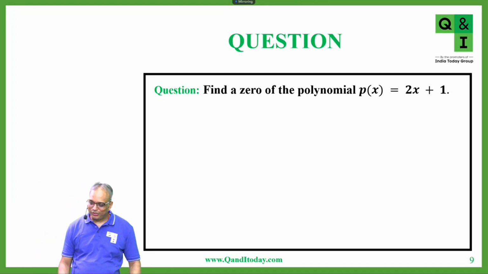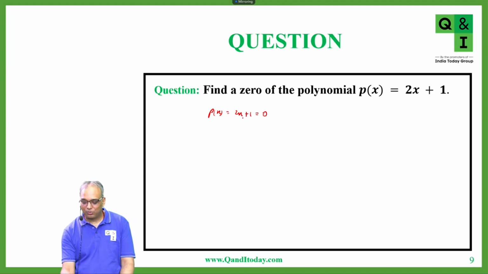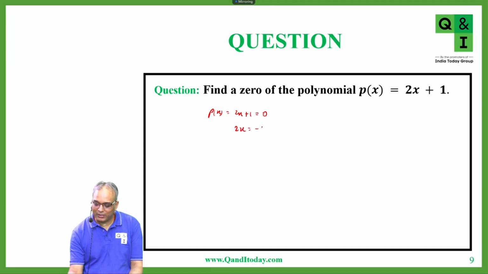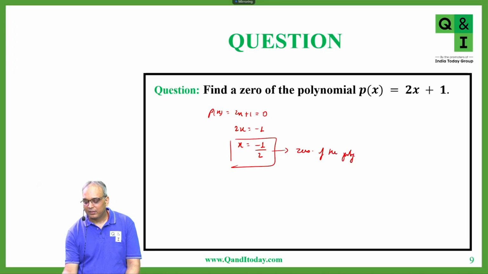Yes, Arush, you don't need to copy. So find the zero of the polynomial p(x) is equal to 2x plus 1. To find the zero, just equate it to 0, solve it for x. So you will get 2x is equal to minus 1, x is equal to minus 1 by 2. So x is equal to minus 1 by 2 is the 0 of the given polynomial.